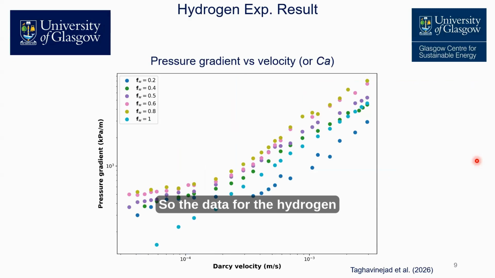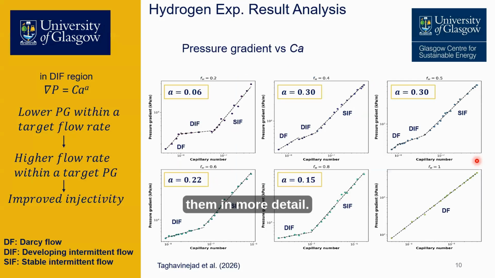So we plotted the data for the hydrogen-brine flow pressure readings in terms of pressure gradient versus velocity to discuss them in more detail. We can see all of them here in 6 subplots, from water fractional flow of 0.2 to 0.8, and then single-phase flow of water or brine, and we can see different results.